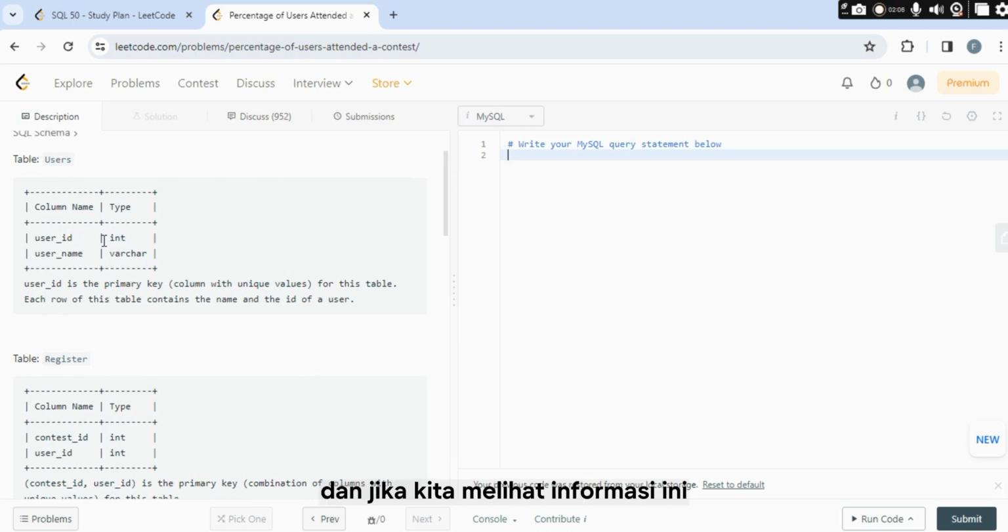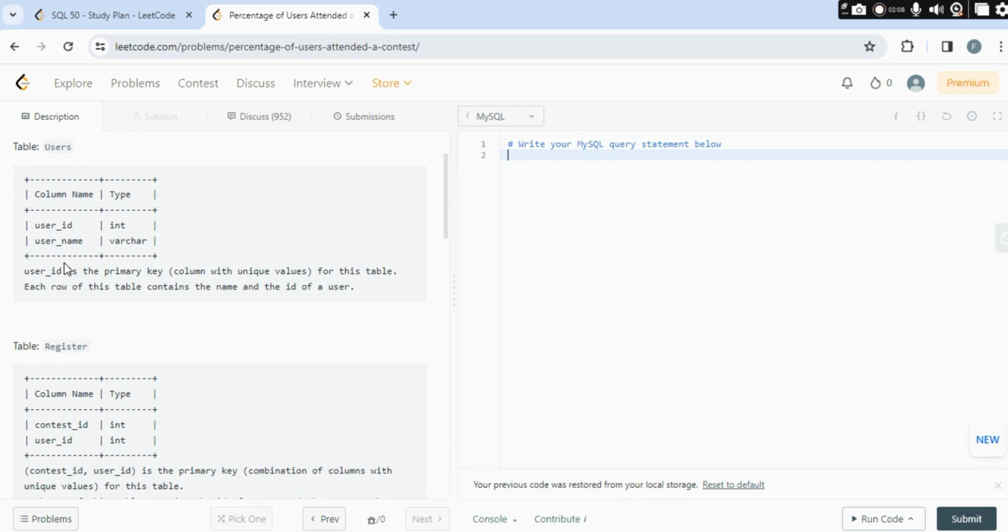If we look at the information in table users, we know that user ID is the primary key, or column with unique value, for this table, and each row contains the name and the ID of a user.